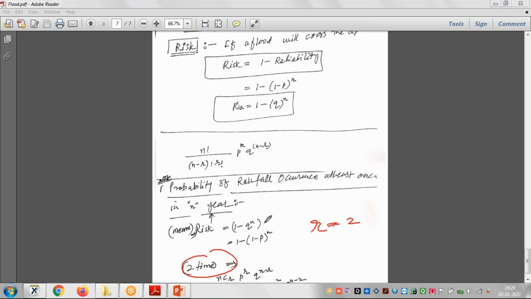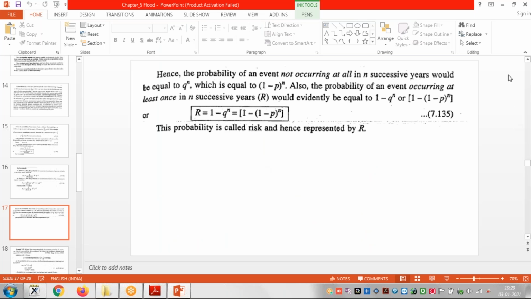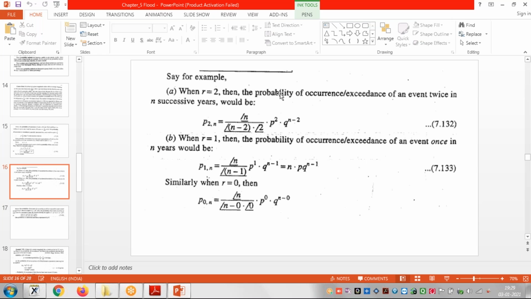So when we put r equal to 2 in this formula, which is also given in our PPT, that is the probability of occurrence of an event twice in n successive years.